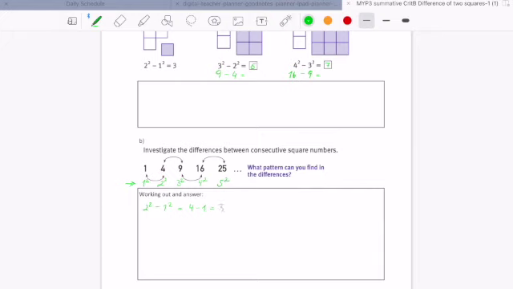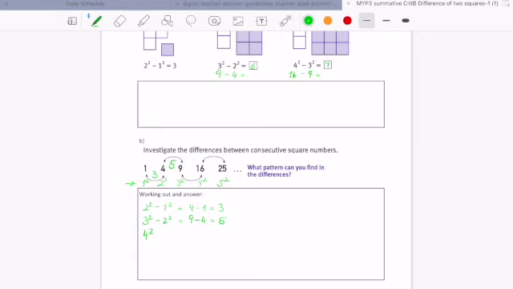So that first difference is 3. Second one, 3 squared, take away 2 squared, being the same as 9, take away 4 is equal to 5. So that second difference here is 5.